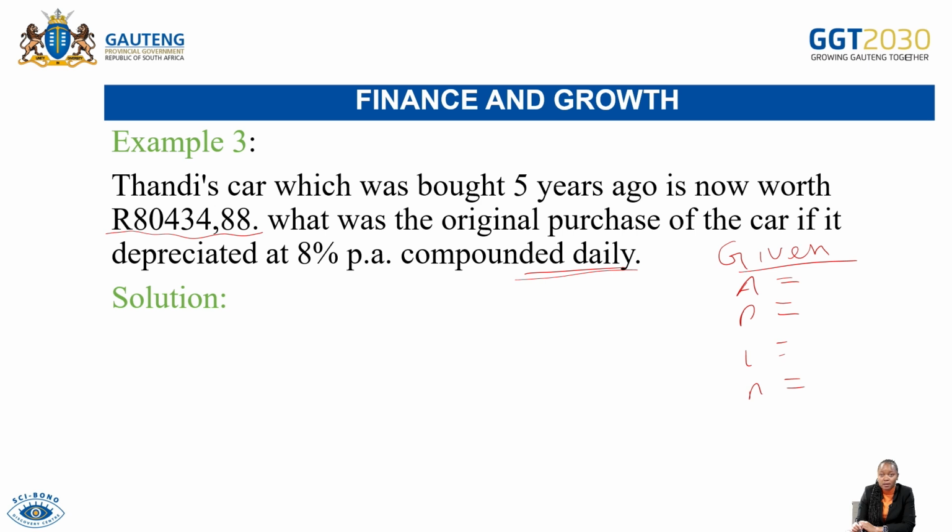Are we together? Because this car was bought when? 5 years ago. So it means your A, which is the final amount, will be 80,434.88, which is your book value. 5 years ago, that's your N. What was the original purchase price of the car?